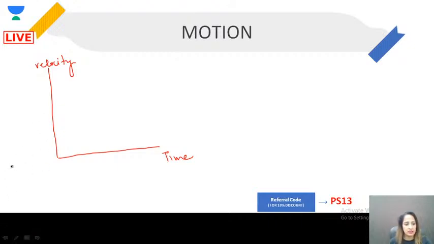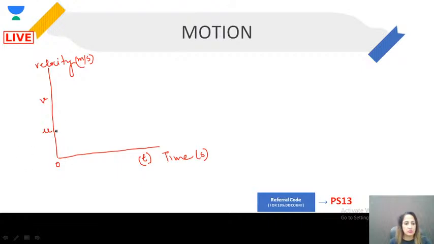So for that, let's say this is the zero velocity, and on this we have time t, and somewhere here we have the object reached velocity v, and it started with the velocity u, and velocity is in meter per seconds, and your time is in seconds. All right.